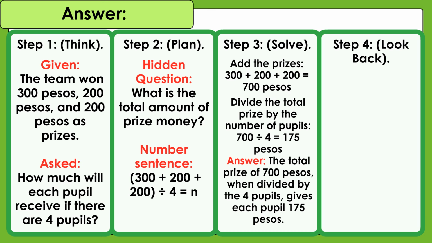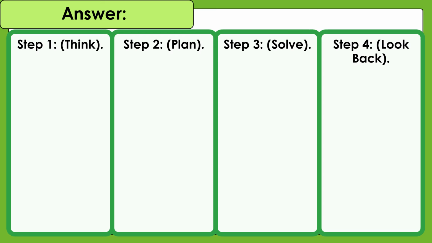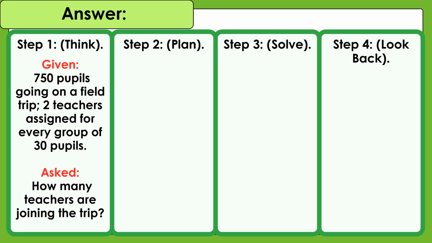Next, 750 pupils are going on a field trip. 2 teachers are assigned for every group of 30 pupils. How many teachers are joining the trip? Let's answer. Step 1. Think. Given 750 pupils going on a field trip, 2 teachers assigned for every group of 30 pupils.